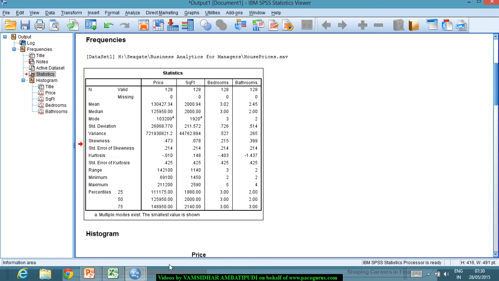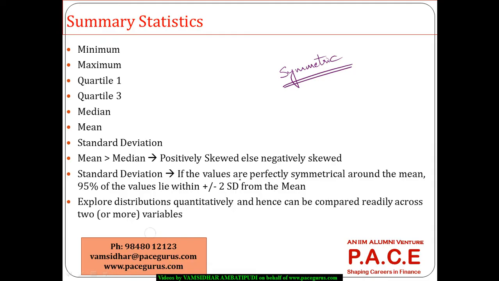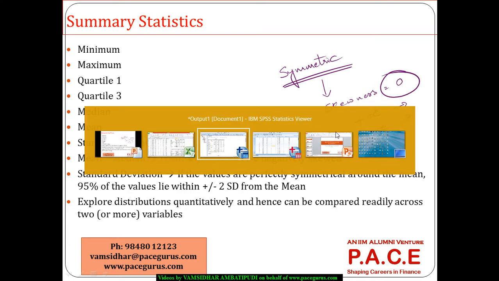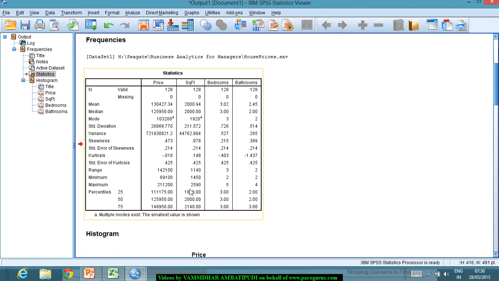If the data is very much symmetric, the skewness will be very close to zero. The more it goes positive, we say the data is positively skewed. The more it goes negative, the more negatively skewed the data is. But with the data we are working on, getting an exact zero is always difficult.